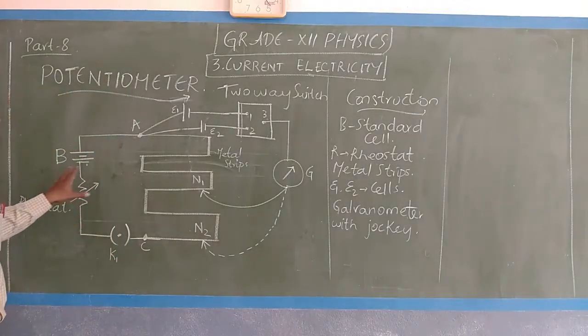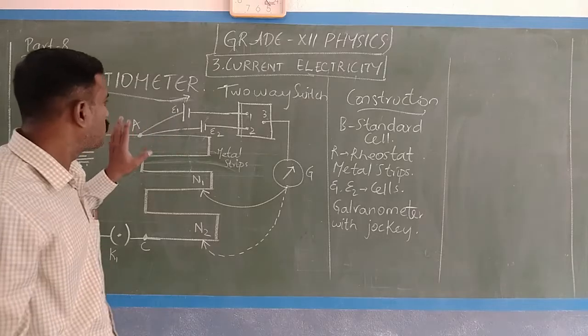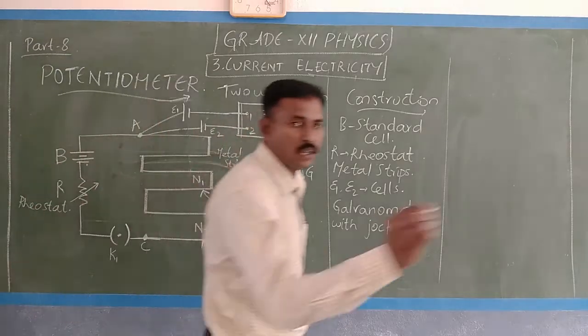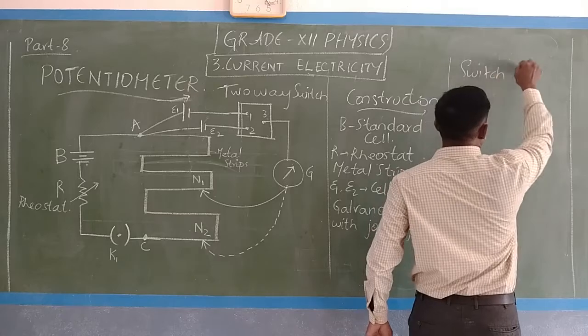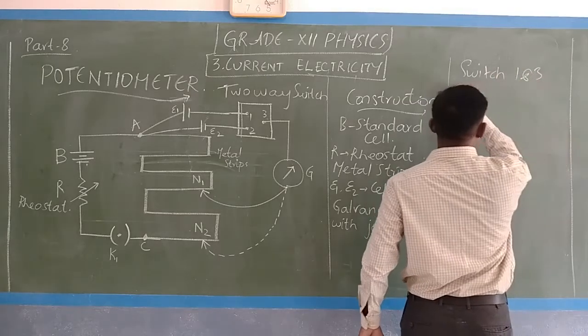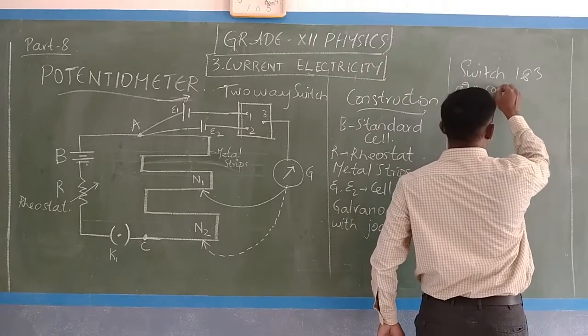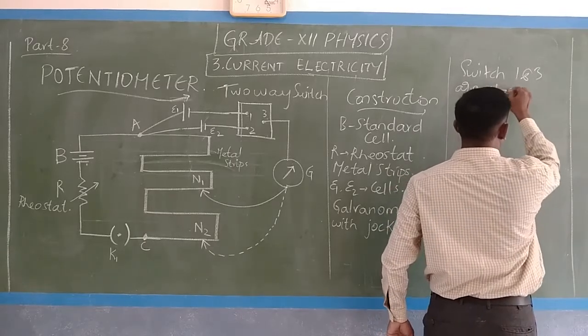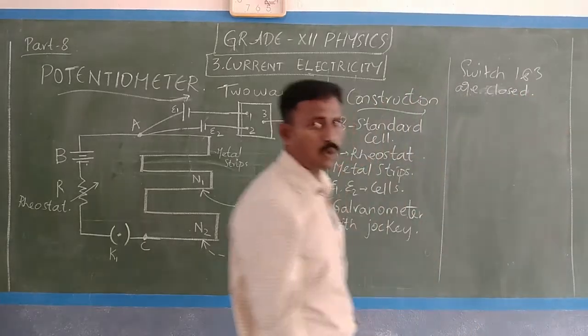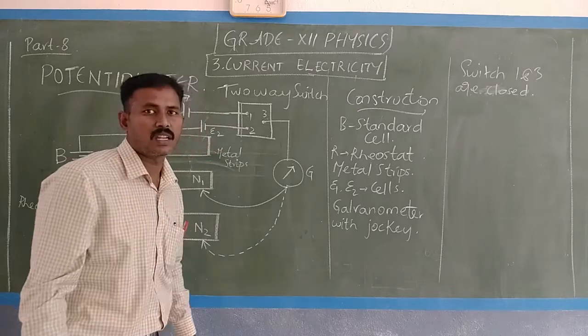So first I will start with this. Now you consider the circuit with switch 1-3. 1 and 3 are connected, that is, closed. Switch 1 and 3 are closed.